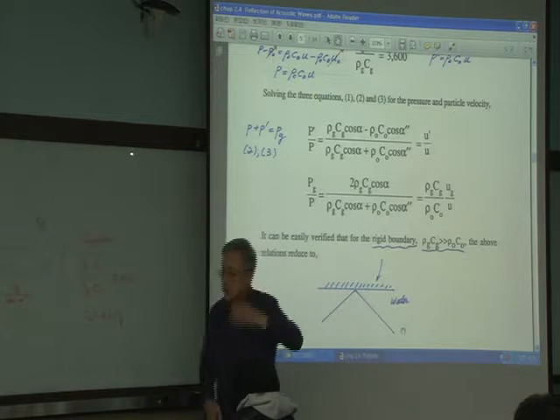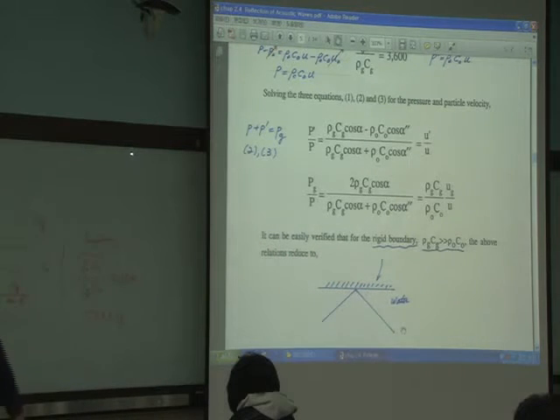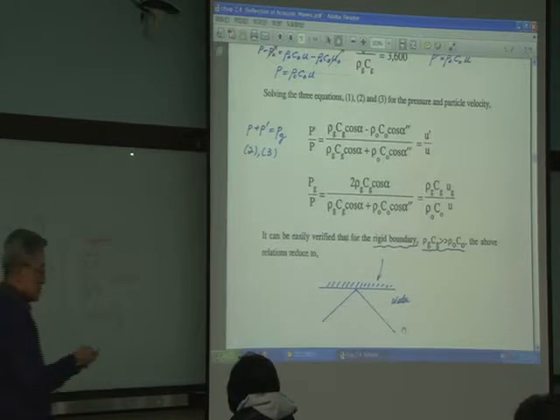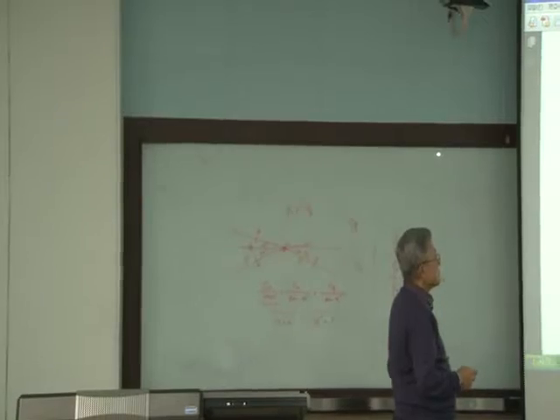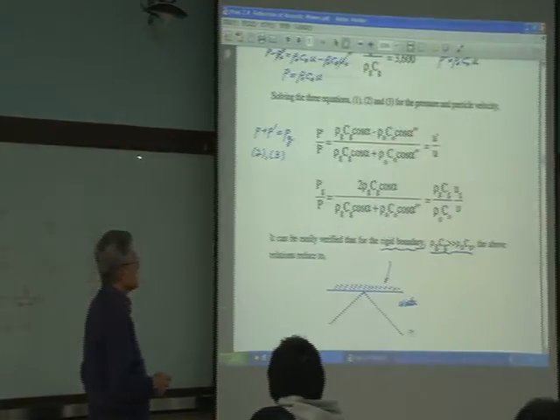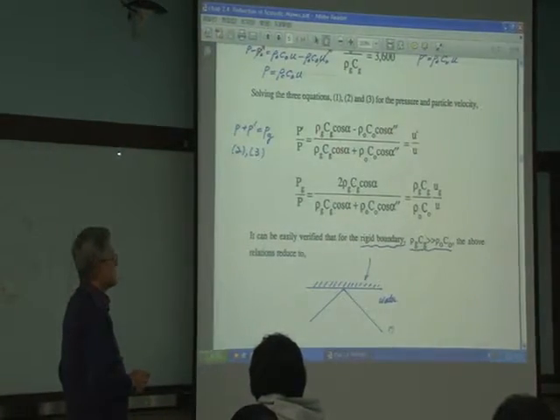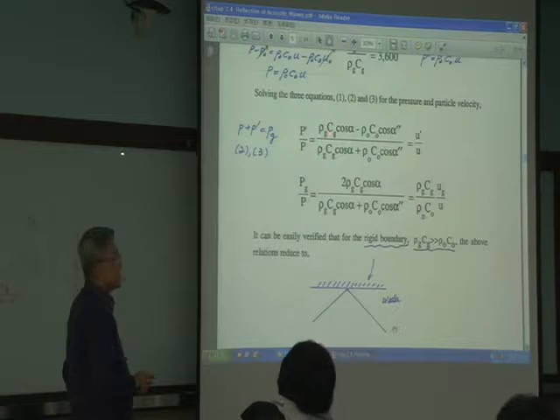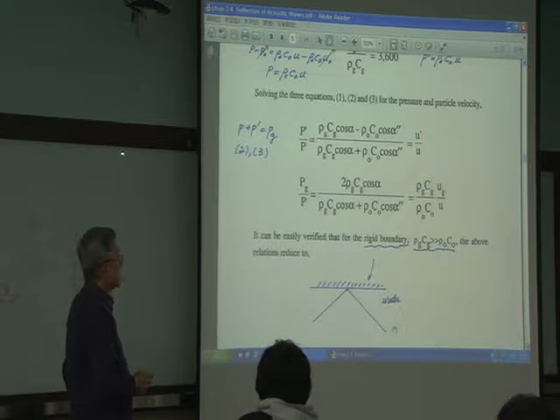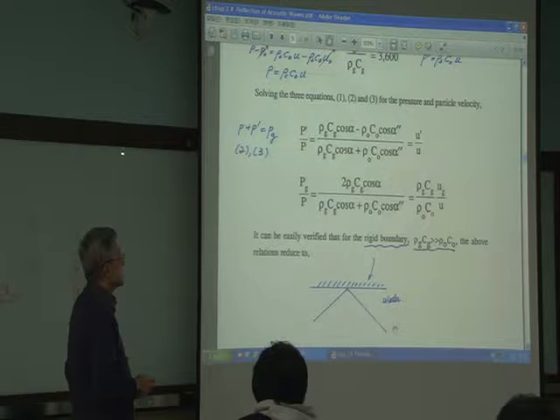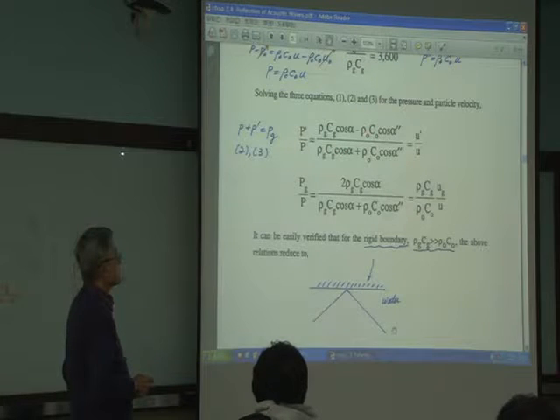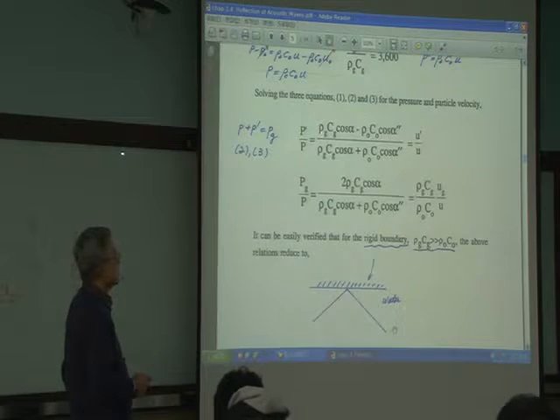So if you do that here, I'm going to divide this equation up and down by rho g Cg. Okay, look carefully here. So this is now 1, and this is 1, and now this term becomes rho naught C naught over rho g Cg.